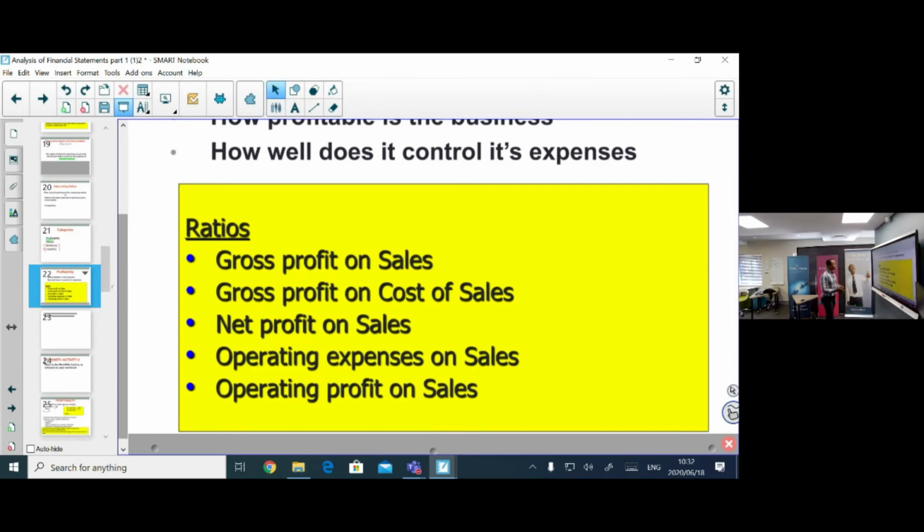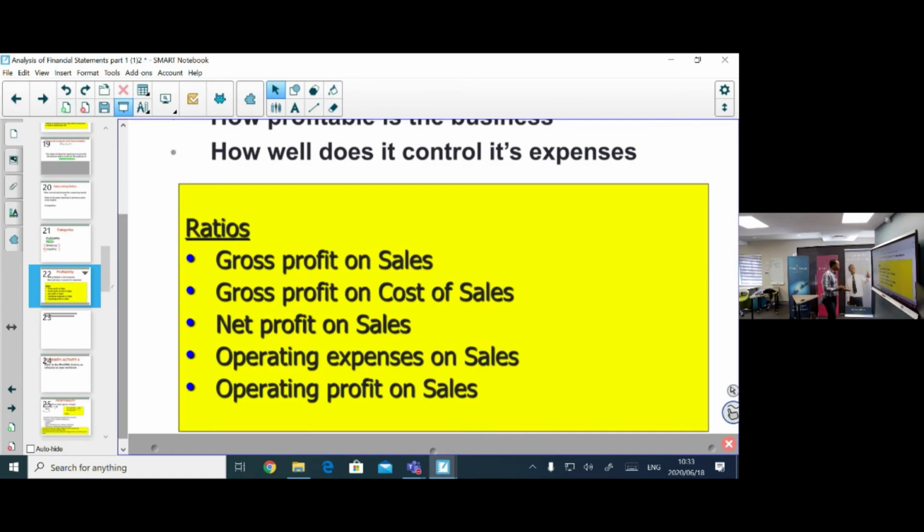So these ratios, that's what they check on, gross profit on sales. You see, that's where you find gross profit over sales, gross profit on cost of sales, whereby you check the margin of the gross profit on sales, how much profit are we making, against cost of sales, and also net profit on sales.